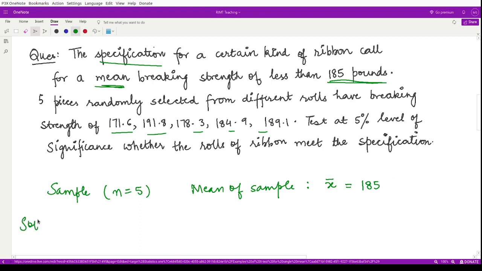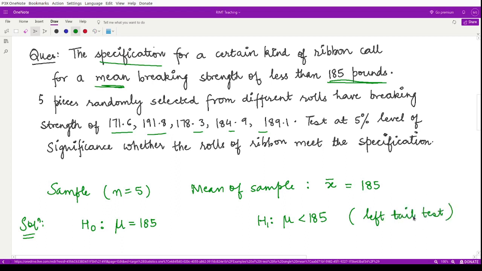As for the solution, our first step as always is to create the null hypothesis. What would be the null hypothesis? We will say that the mean is equal to 185, because we want to check whether the specifications are met or not. For the alternative hypothesis H1, we will check whether the mean is less than 185. So this is a left tail test.